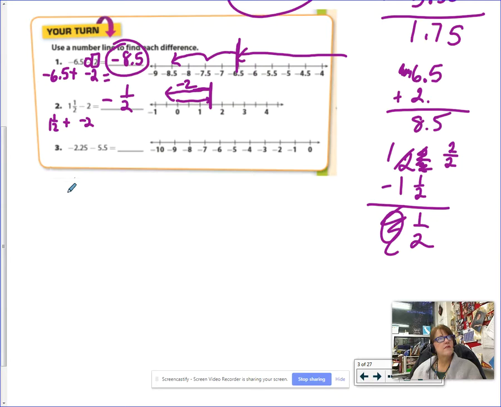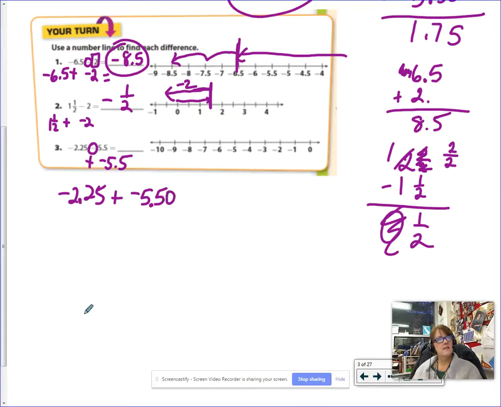Negative 2.25. Change this to add the opposite. So negative 2.25 plus a negative 5.5. I should say these properly: negative 2 and 25 hundredths and negative 5 and 5 tenths. Immediately, I would realize that this has 2 decimal places, and this has 2 decimal places.